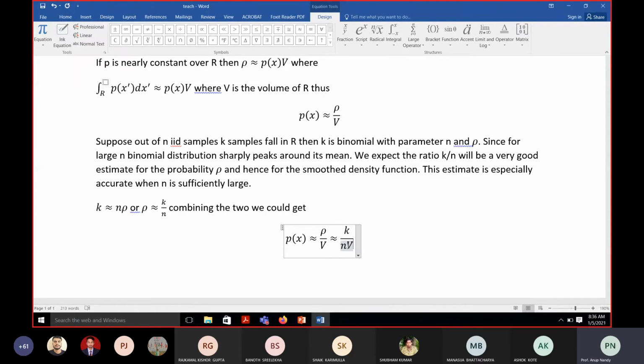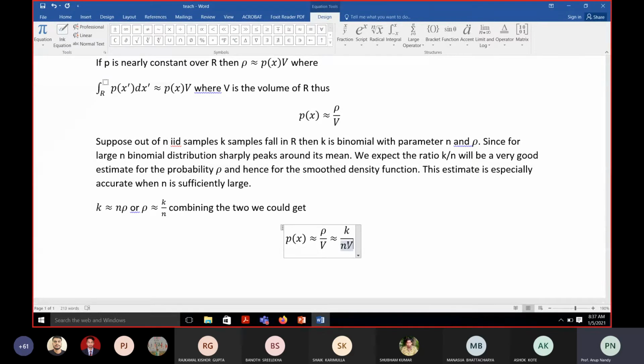In some books, such as the Duda and Hart book, p(x) is closely approximated to k by n by v, that is, k divided by n in the numerator and v in the denominator, or simply k by nv.